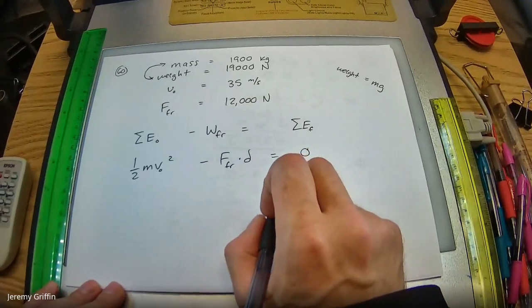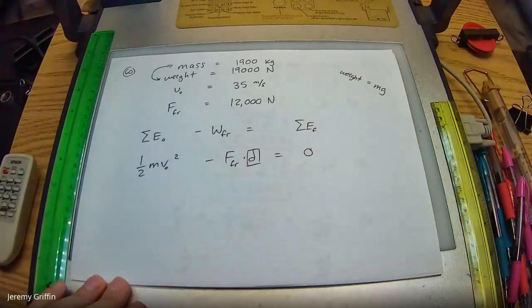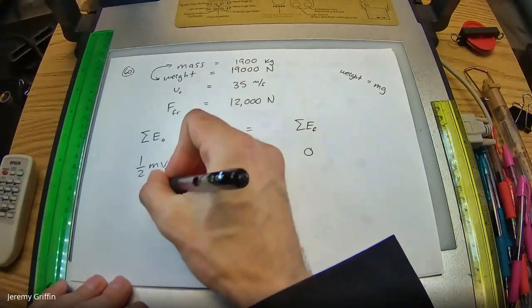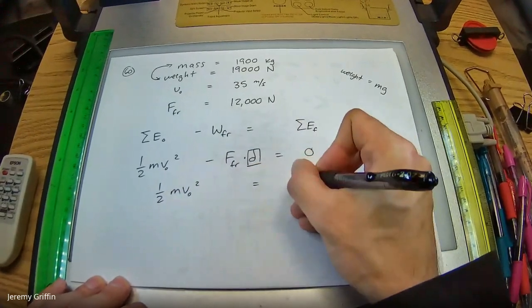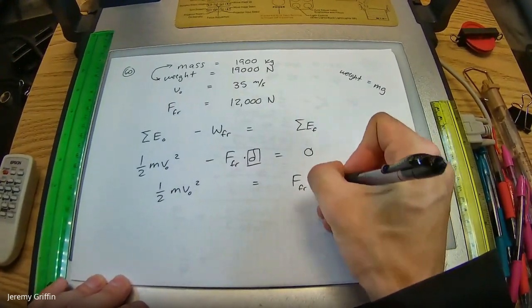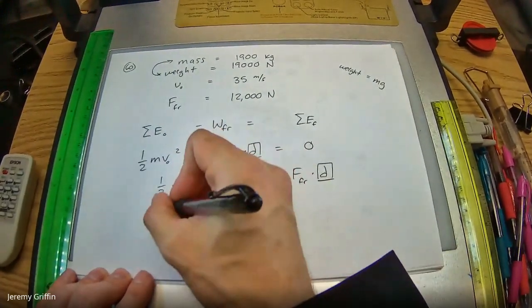It says how far will the car slide? So this distance d. Let me do one more rearrangement, and then we'll plug in some numbers. So whatever kinetic energy it started off with, it's all going to translate into work done by friction, which will tell you how far the car slides. All right, let's plug in some numbers. So I need the mass of the car.